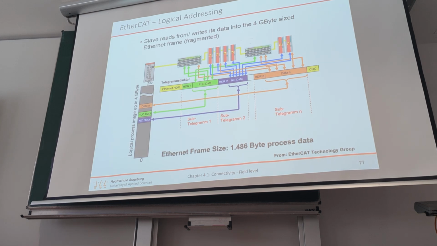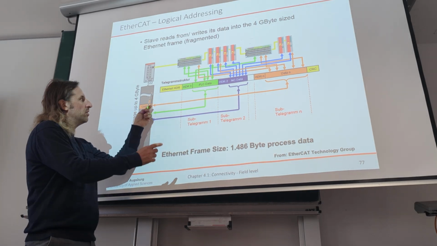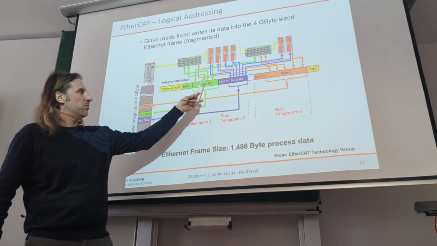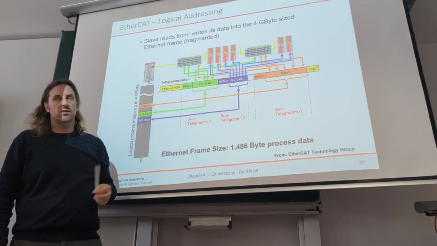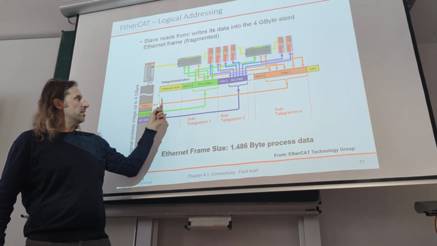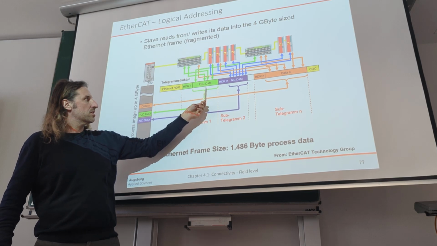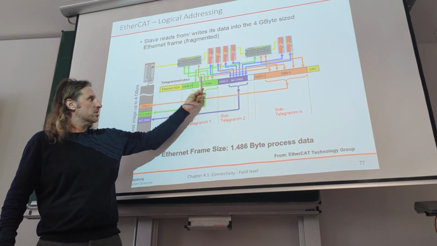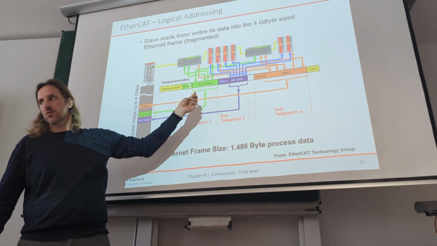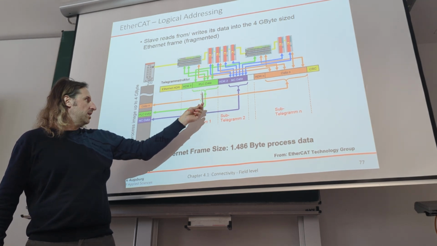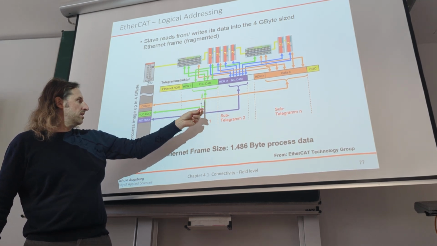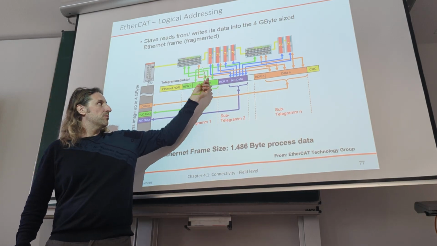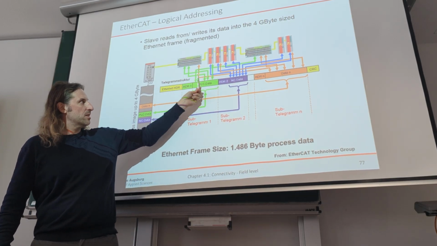And now we have this data that is sent out into that ring. You have a telegram with all the information for the whole ring, and then each and every slave, each device in the network, knows which data belongs to it, and it takes off the data that it needs and puts back the data that should be sent back to the master.